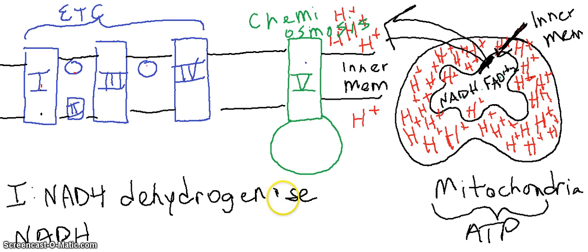So what happens specifically is that NADH is going to find and recognize this enzyme here, NADH dehydrogenase, and as it finds and binds that protein in the electron transport chain, it is going to become oxidized.